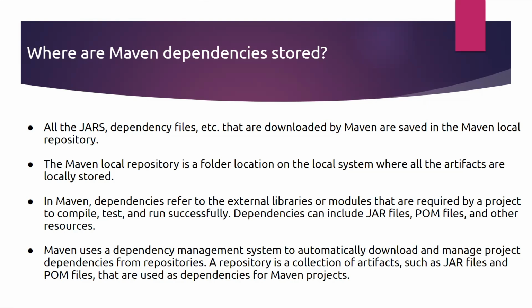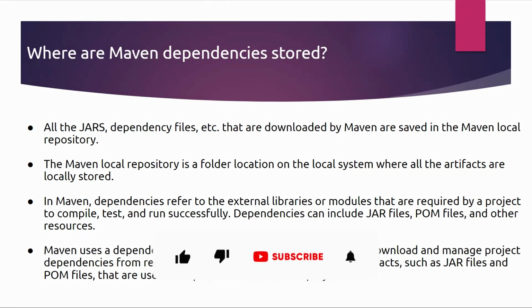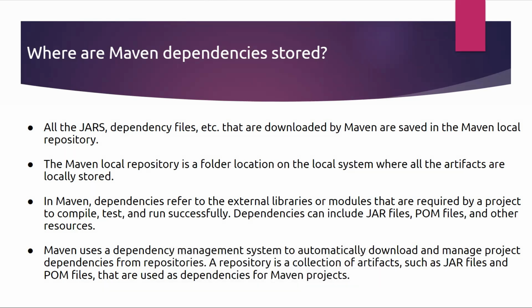Dependencies can include jar files, POM files, and other resources. Maven uses a dependency management system to automatically download and manage dependencies from the repository. A repository is a collection of artifacts such as jar files and POM files that are used as dependencies for Maven projects. So basically these are stored and used accordingly.